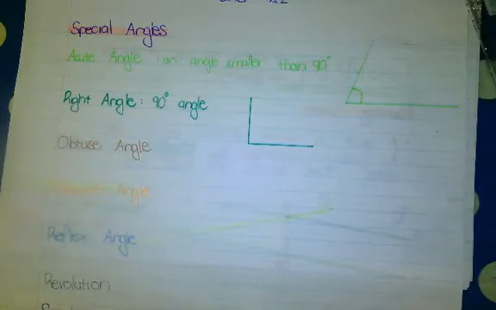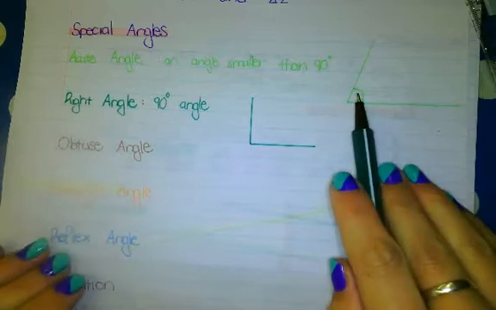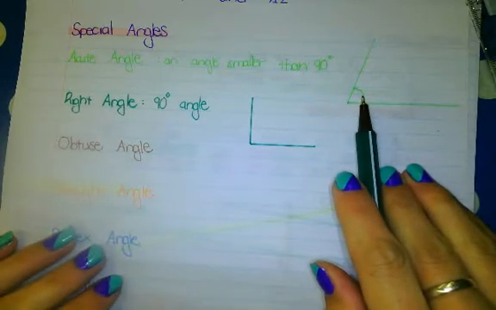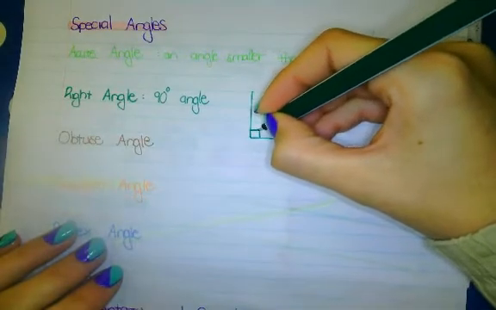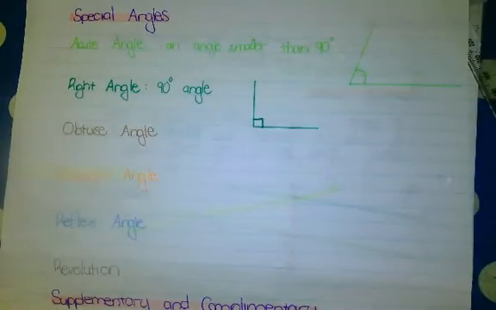Now with 90 degree angles, we don't use the same symbol to show an angle as we do for other angles, like we've done here. For a right angle, we use a little block. You saw this when we did Pythagoras. So that's how we indicate a 90 degree or a right angle.